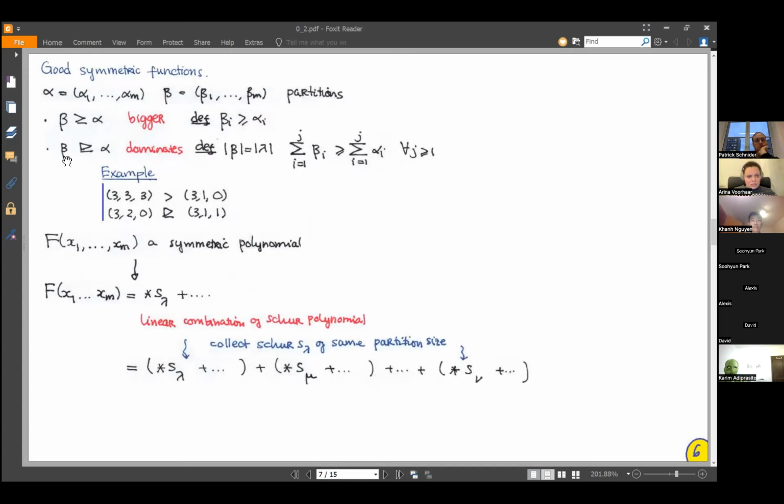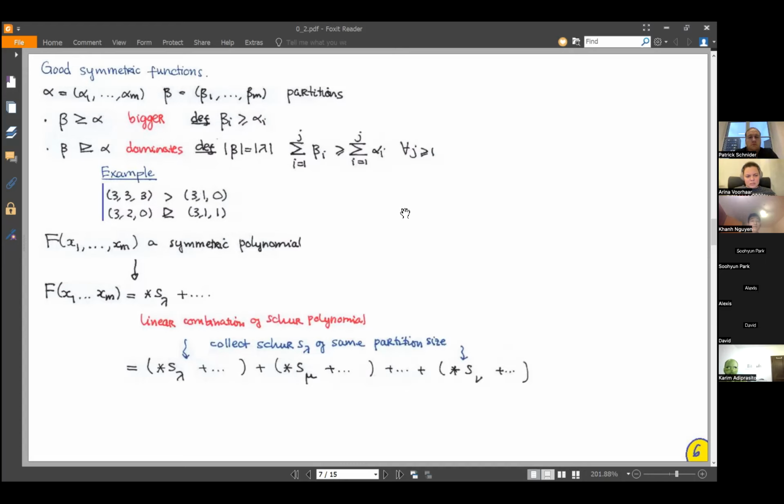And we say that beta dominates alpha if they have the same size, where I recall the size is the sum of all parts, so the size of beta equals beta 1 plus up to beta m, and it also satisfies the condition that the sum of beta_i for i from 1 to j is not less than the sum of alpha_i for i from 1 to j, for any j.